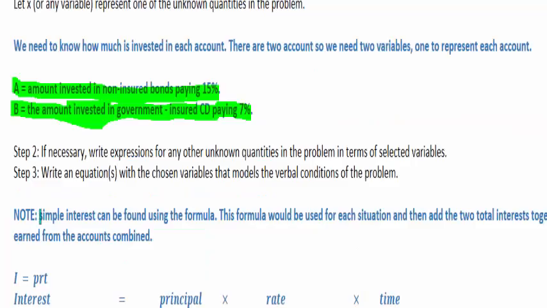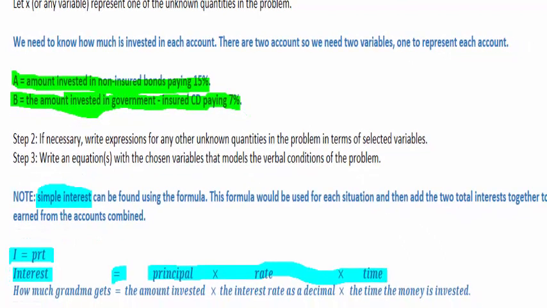Something you may not know is that the amount of simple interest that is made on this account can be found using the formula I for interest equals PRT. I for interest equals the principal times the rate times the time.